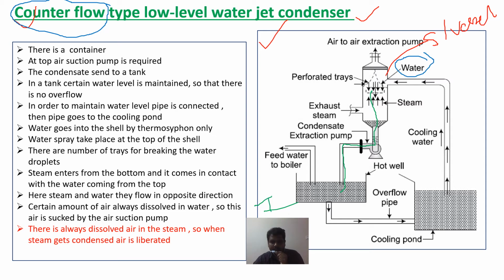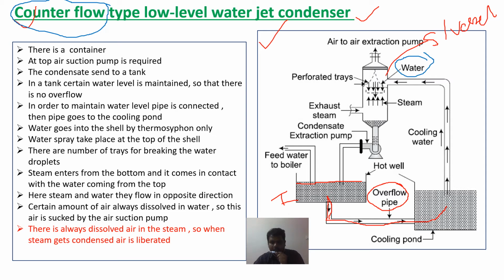From the tank we send this condensate to the boiler. To maintain a level inside the tank, this tank is connected to an overflow pipe. Here you can see at the bottom there is an overflow pipe. If there is extra condensate in the tank, that condensate will be sent to the cooling pond.